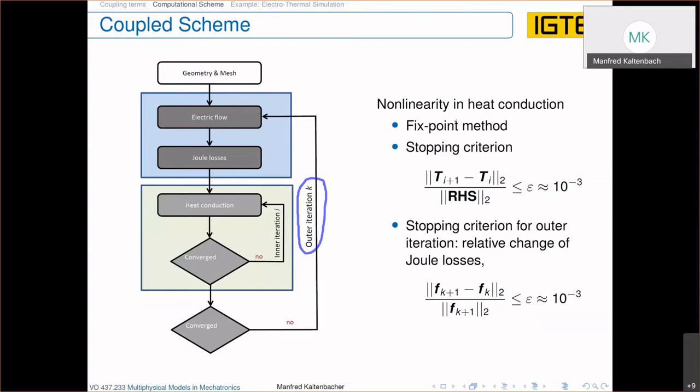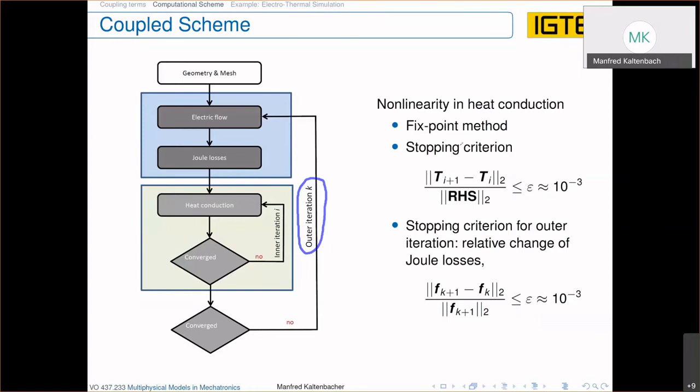We will not go into detail, however, there is a follow-up lecture in the summer term where we will also deal with nonlinear partial differential equations, but it is like you have a nonlinear algebraic equation. You know, the simplest form is a fixed point iteration, and the more efficient one is a Newton iteration. However, the nonlinearities within the material parameters of the heat conduction are not as difficult, so that mostly the fixed point method is efficient enough.